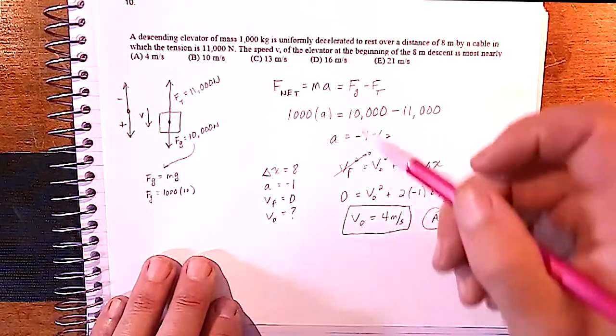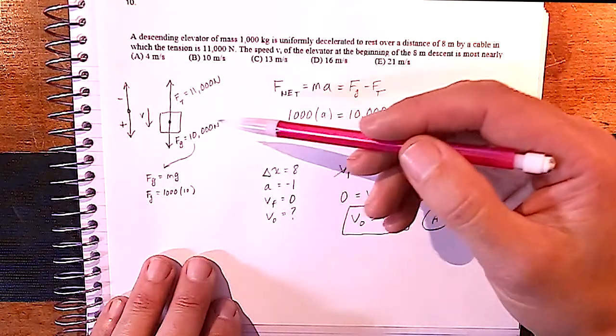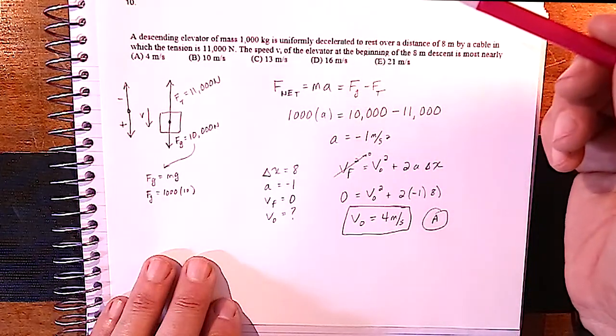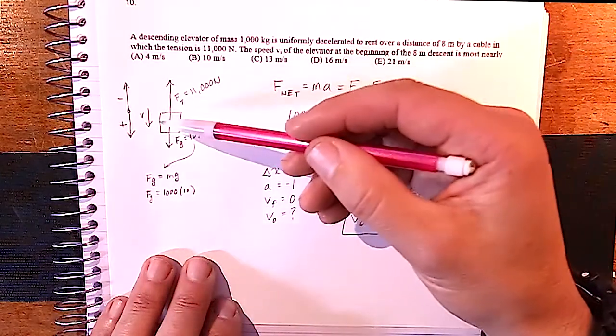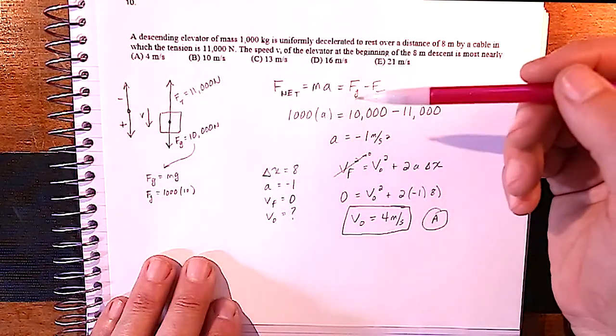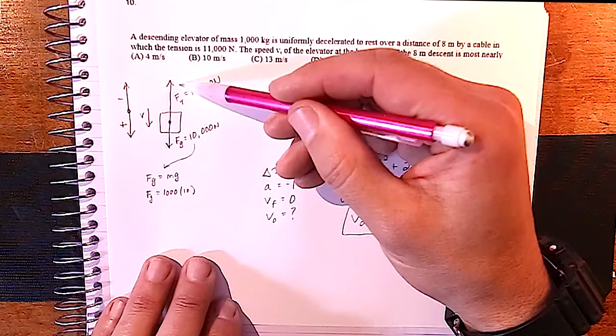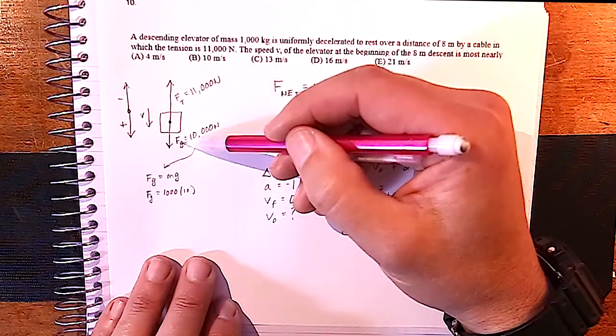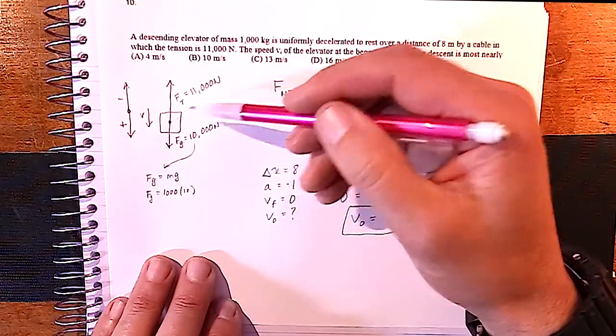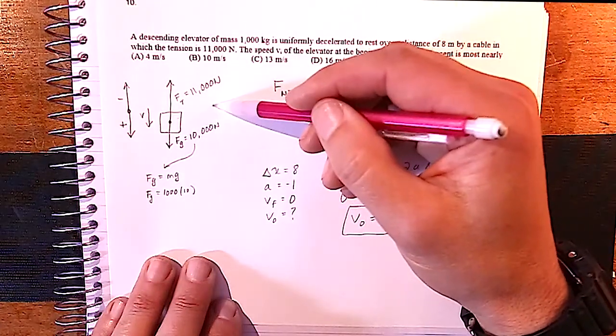In this one, we have an elevator, and the elevator is moving down, so it has a downward velocity, and it slows down to rest, which means we know that the upward force must be larger than the downward force. And they give us this upward force. It's 11,000 newtons.